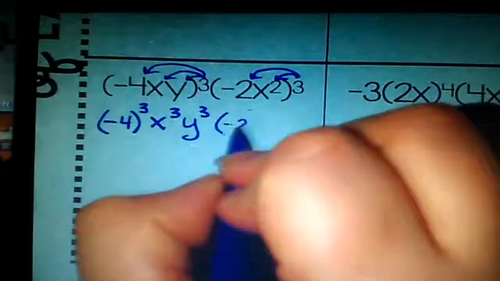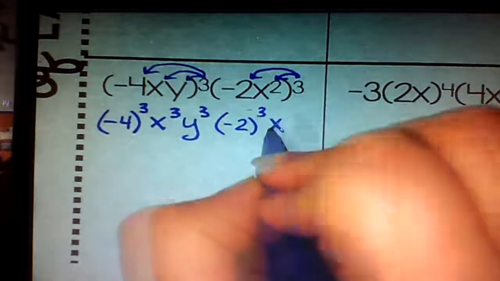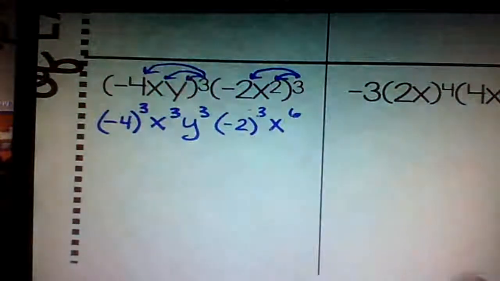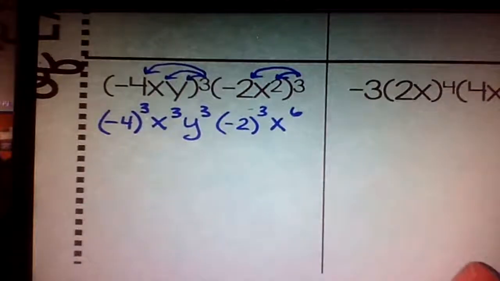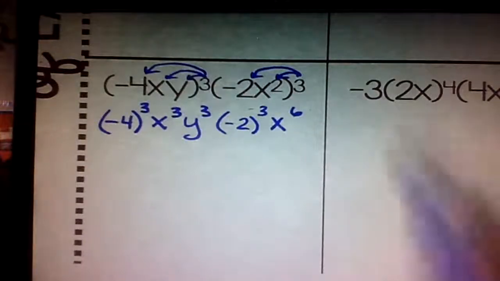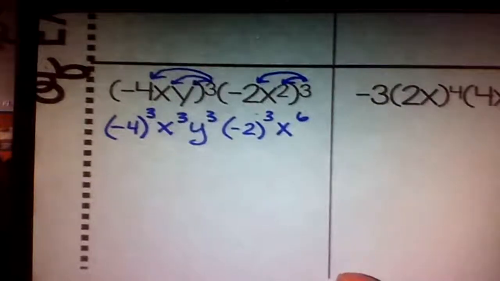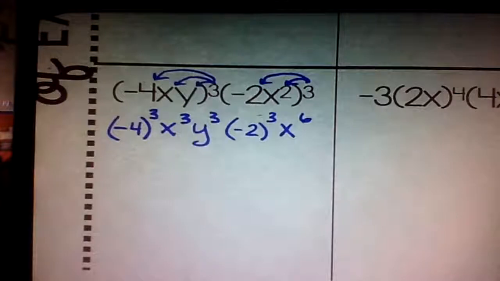So this is negative 2 to the 3rd, x to the 6th. So that 2 goes with that x. This 2 right here? Yes, that's x squared. All right. So now what do you want to do?